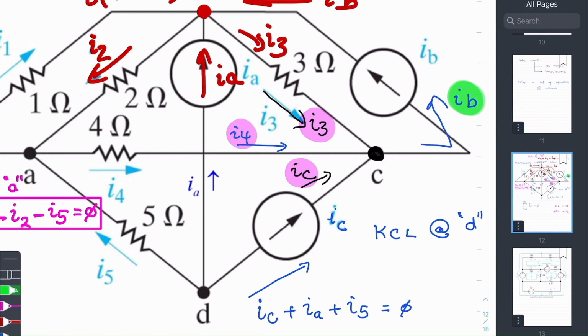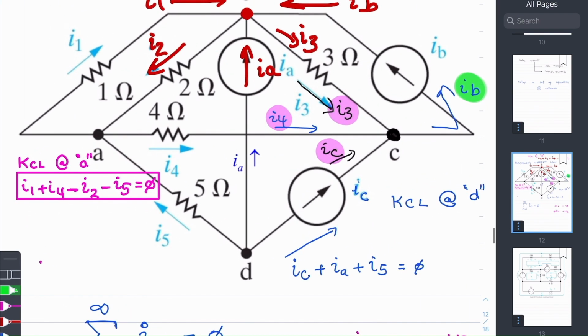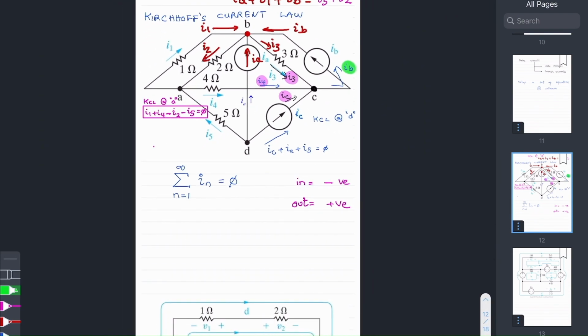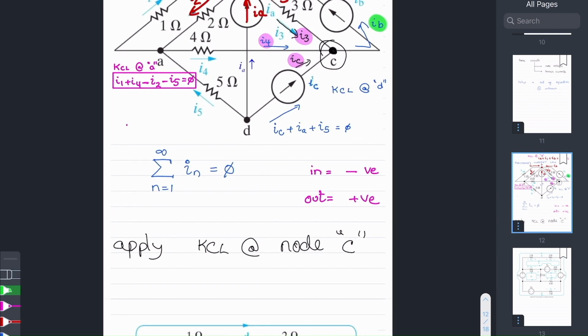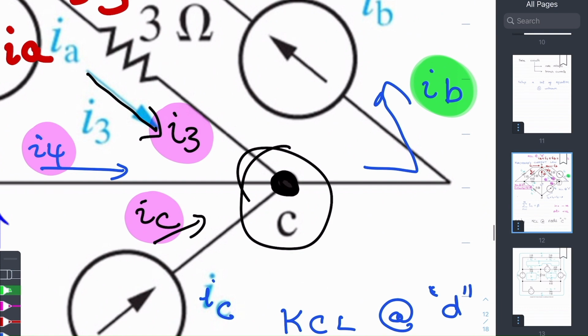Now KCL simply says, and let me write it over here, apply KCL at node C. Look at all the currents that are entering: there is I3, I4, and IC entering.